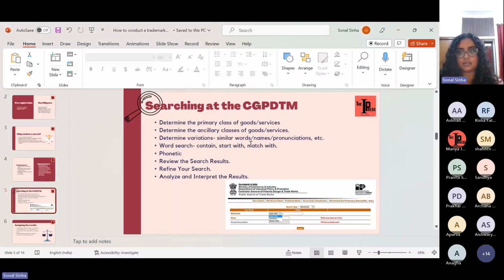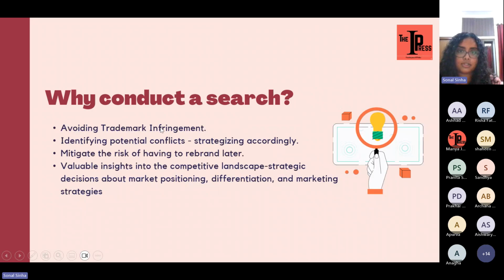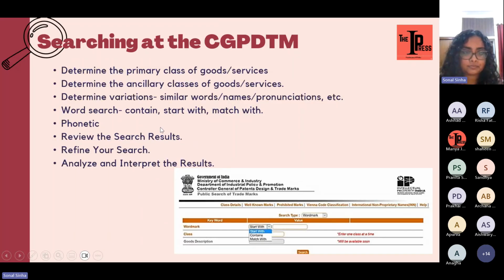Again, for example, if somebody is launching toys, your client is coming up with toys, the relevant or primary class would be class 28, but you'll also go through ancillary classes to be thorough in your search. Recommend them all the similar and related classes.